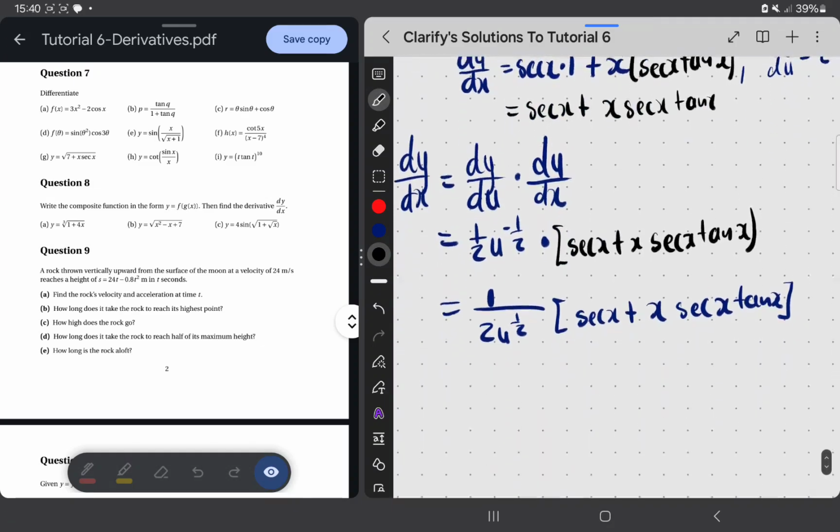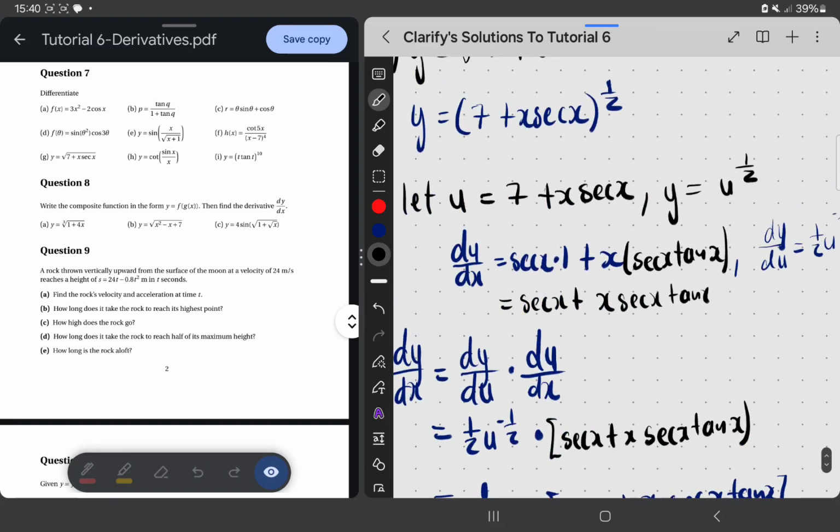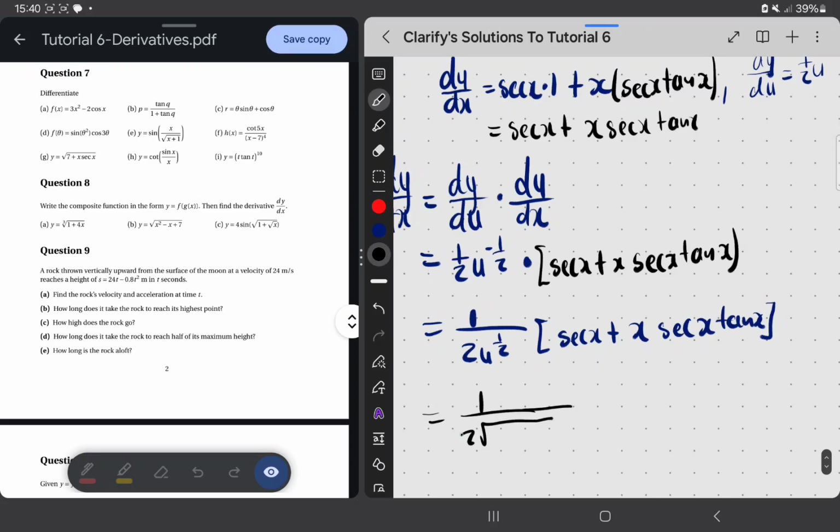So we have it as 1 over 2 root of that u. What is the u? 7 plus x sec x. So it's 2 times the root of 7 plus x sec x, and here we multiply with sec x plus x sec x tan x.